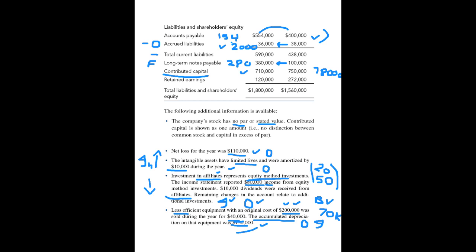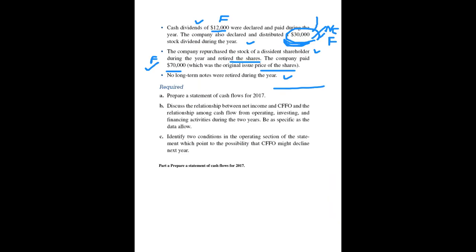So if we repurchased 70,000, we have 710,000. So this is the overall adjustment for the share capital, which is exactly matching. So we did not issue any additional share capital. But don't forget to mention the dividend. Cash dividend of 12,000 was declared and paid, so there will be an outflow because of this dividend. So this is how all the items are going to affect our cash flow statement.